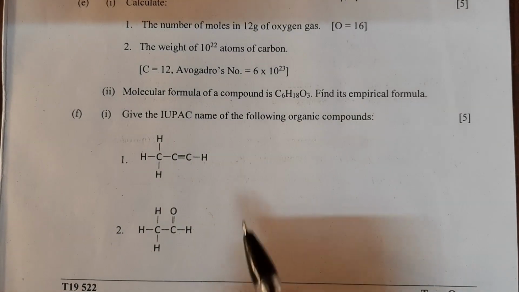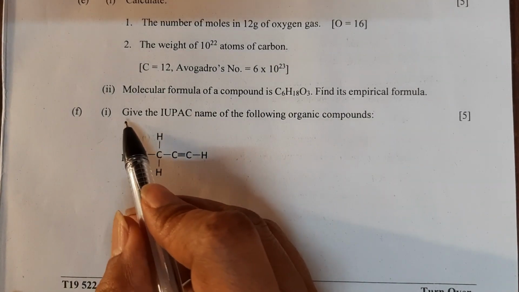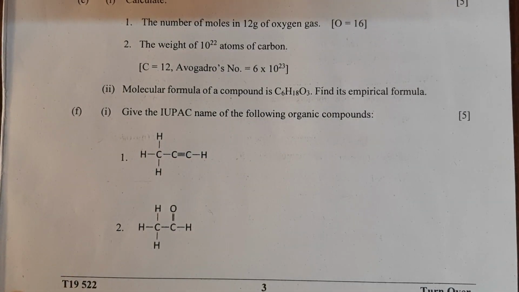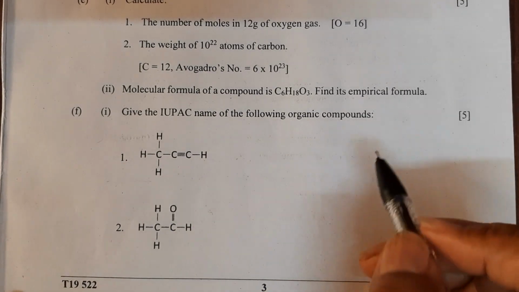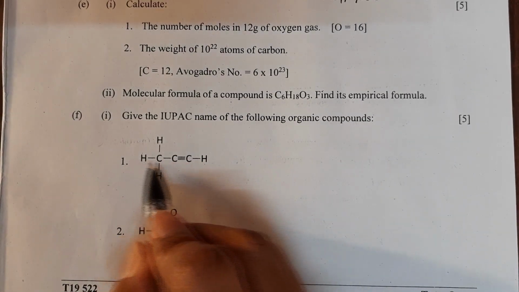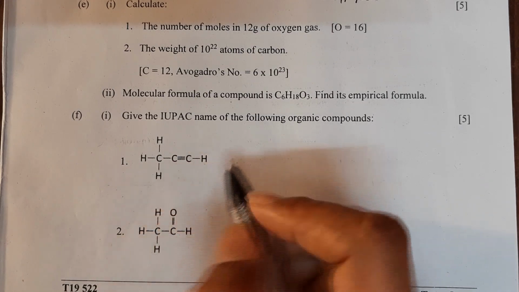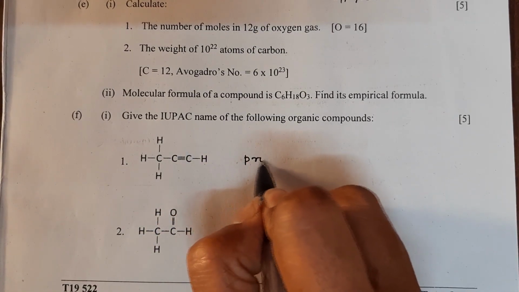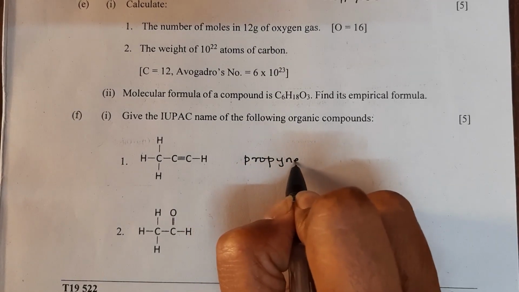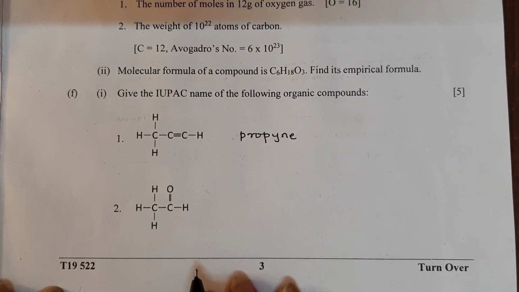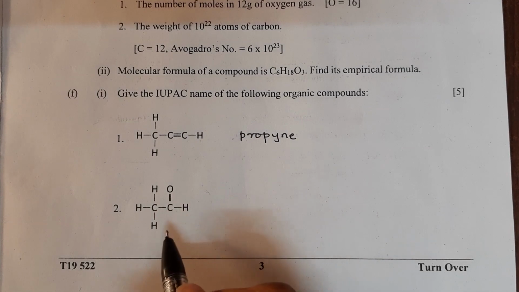We come to question 1F. First subpart. Give the IUPAC name of the following organic compounds. Now this one has the longest chain of 3 carbons, so it is prop, and this is a triple bond, so it is propyne. Let us come to the second compound.